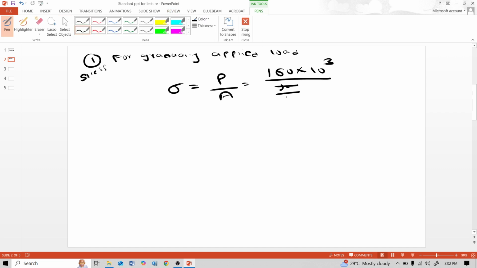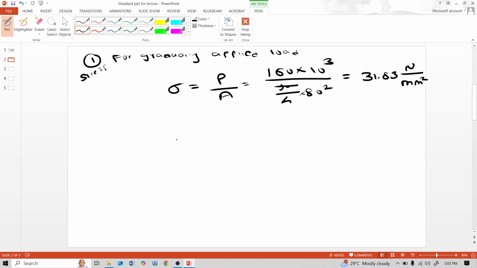Circular section area is pi by 4 into d square. So this is 31.83 Newton per mm square.